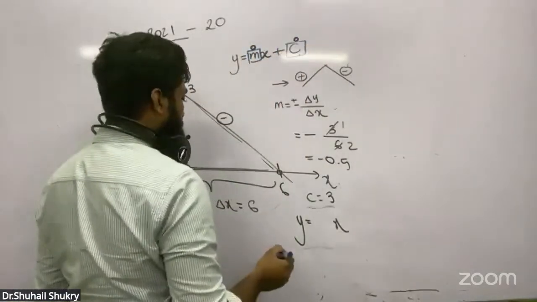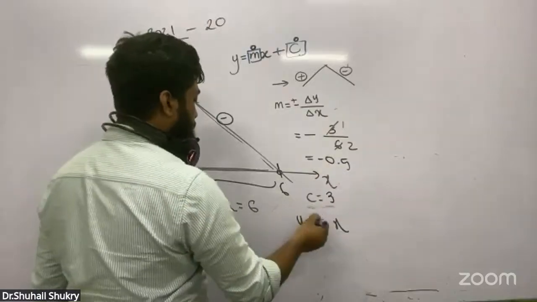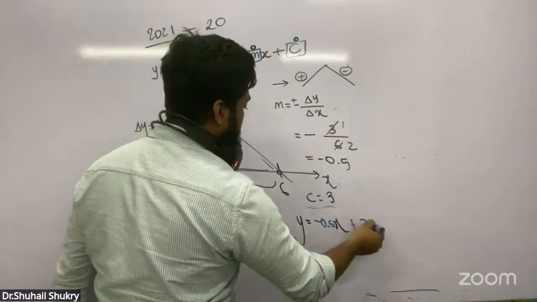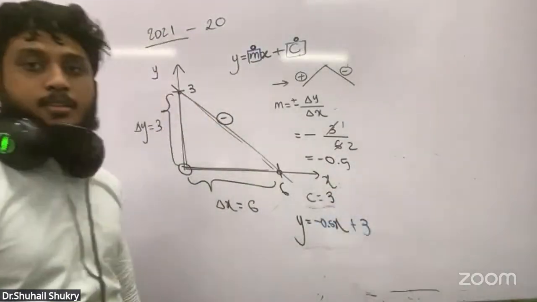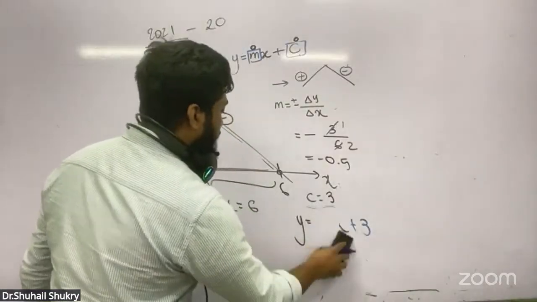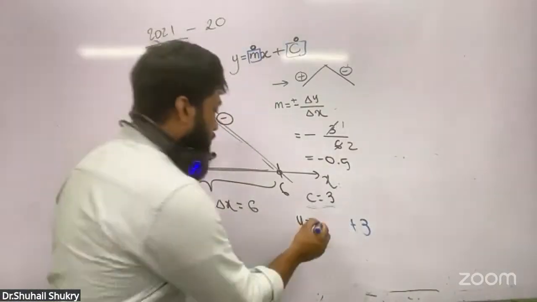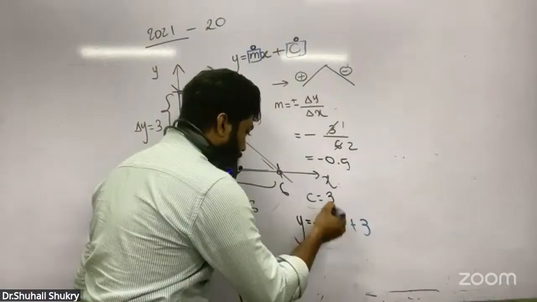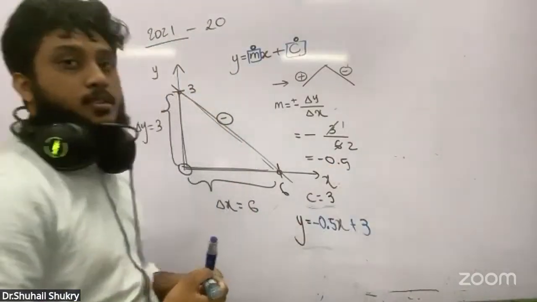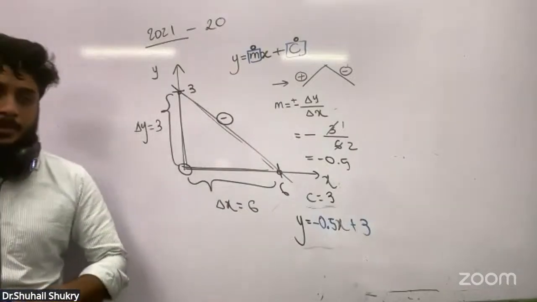M we found as minus 0.5. C is plus 3. So I will get y equals minus 0.5x plus 3. Got the point?